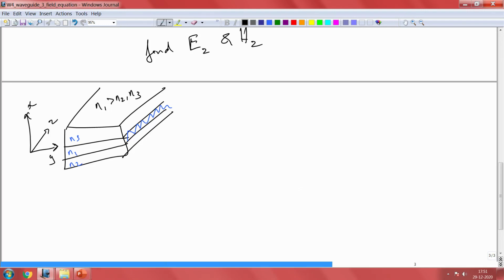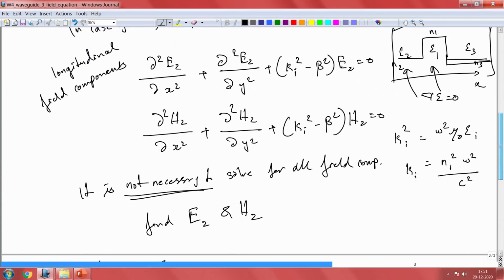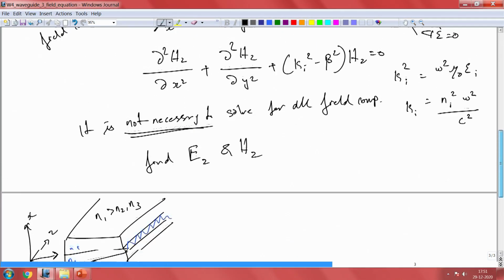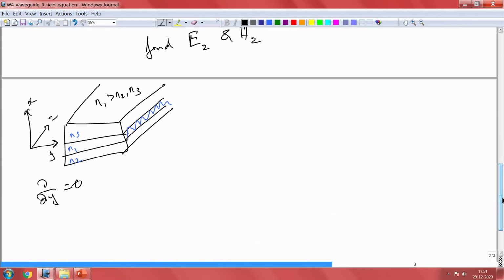There is no change in the refractive index along y. So your dou over dou y is going to be 0. So this will actually reduce the complexity that we are going to have here. So this is very useful, starting up with a very simple planar waveguide.